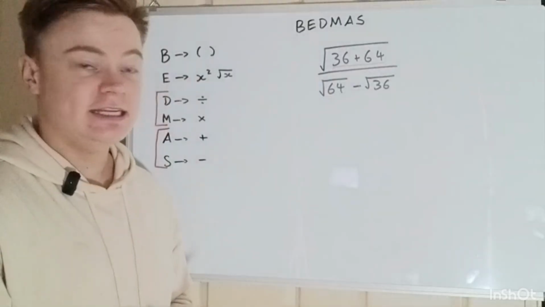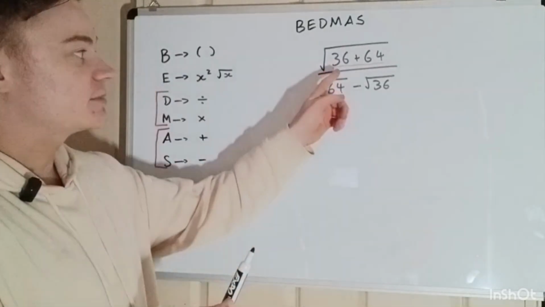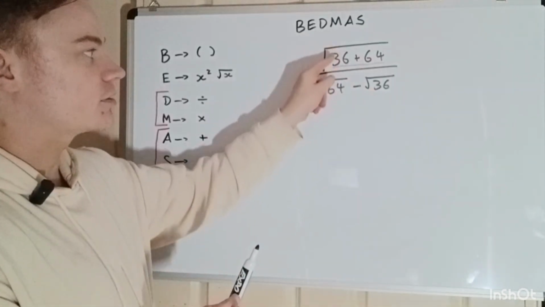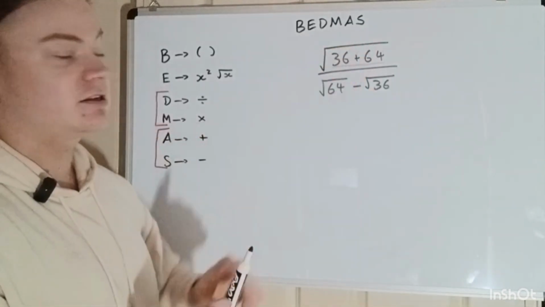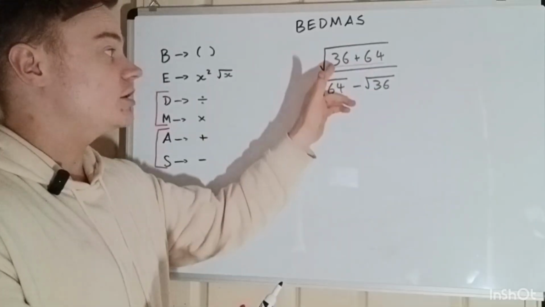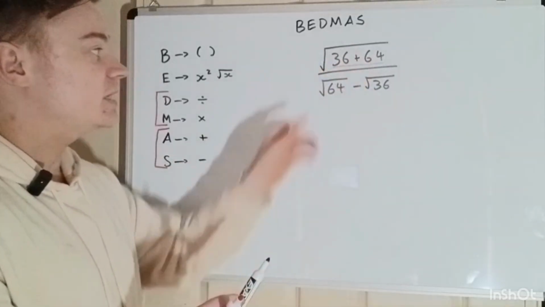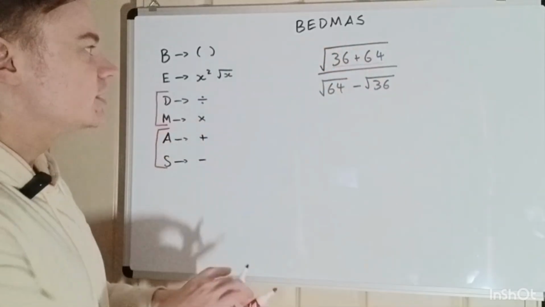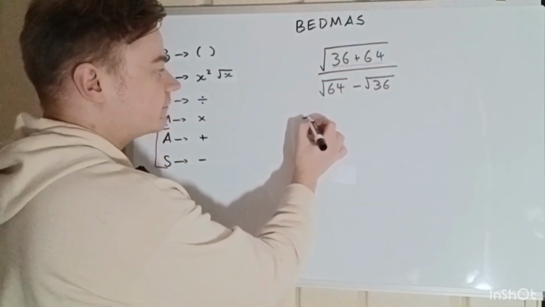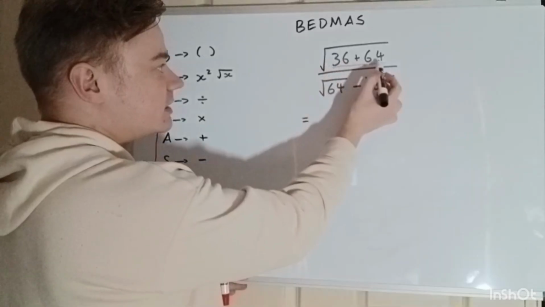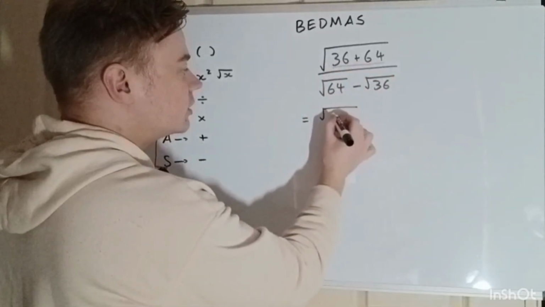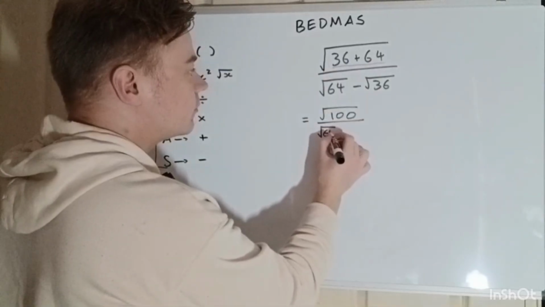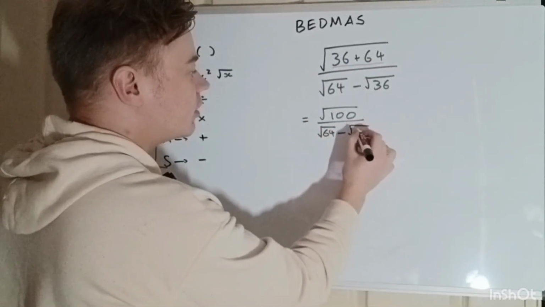So what we do in this case is we actually do 36 plus 64 first. We don't do square root of 36 plus the square root of 64. We don't do that. We do the 36 plus 64 first because they're both in that square root sign. Okay? So that's what we're going to do immediately first. Now 36 plus 64 gets us to 100. So we've got the square root of 100 over the square root of 64 minus square root of 36.